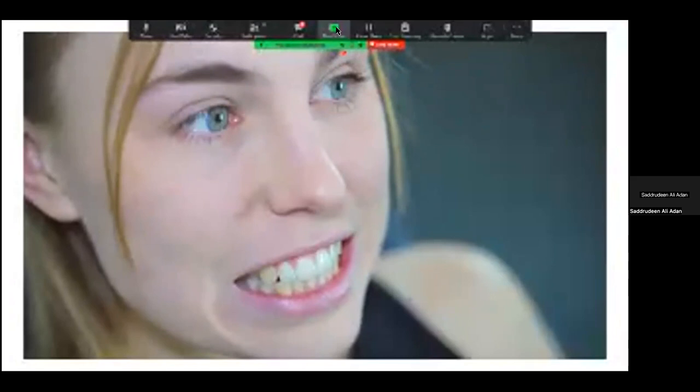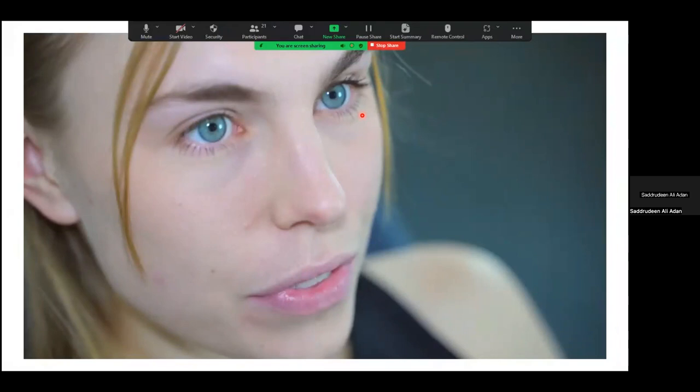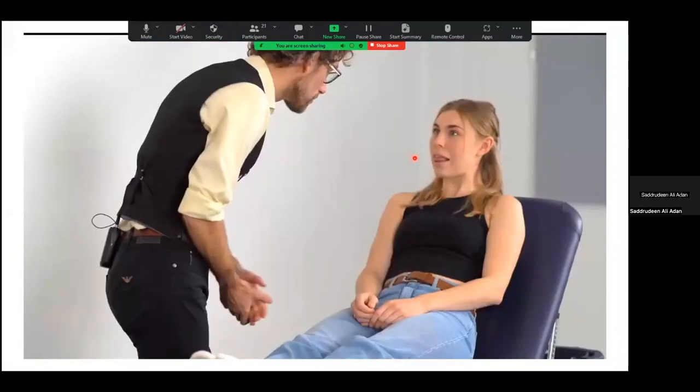That's how you check for jaundice. So we continue. Okay, and put your tongue up through your mouth, checking for cyanosis.